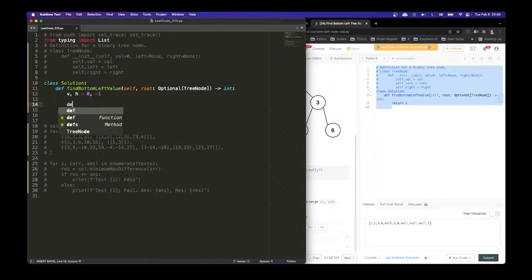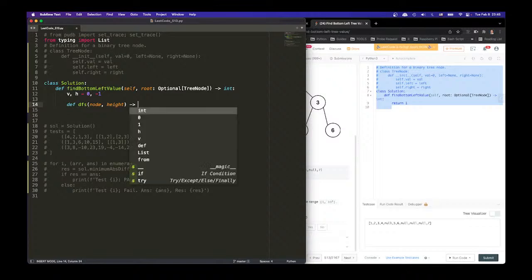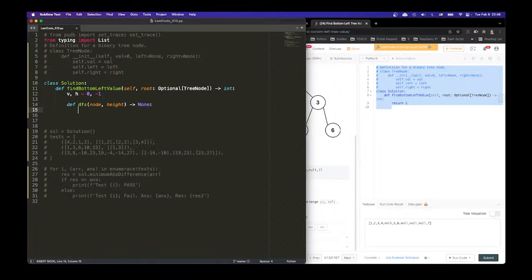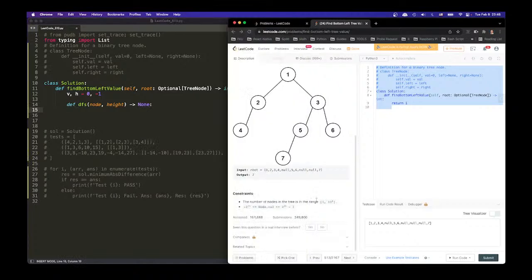And then we say dfs. We need a node and we need a height. And this thing we do not return anything. So if we go node, we need to identify the root and the leaf.